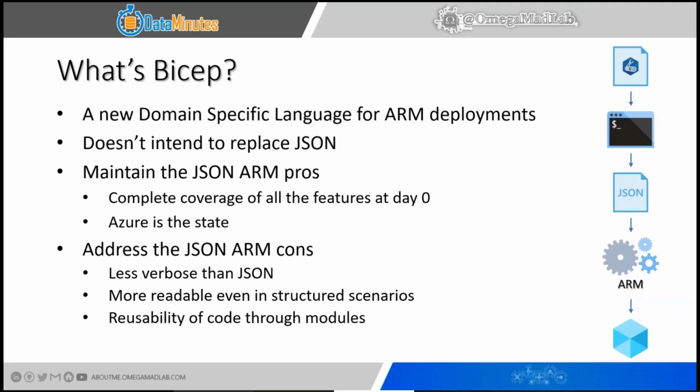Having said that, it doesn't intend to replace the JSON files, because Bicep acts as a transpiler for JSON files. You author Bicep files, then through a console application, you convert them into ARM templates, and then the ARM backend is still working with the ARM templates.